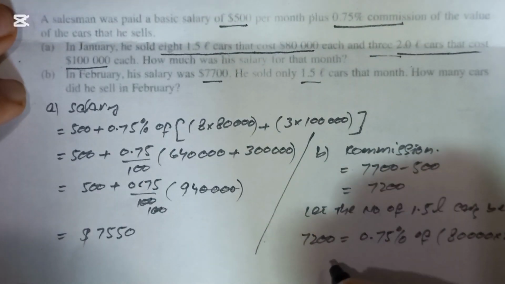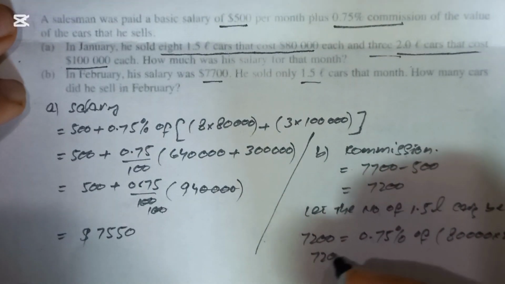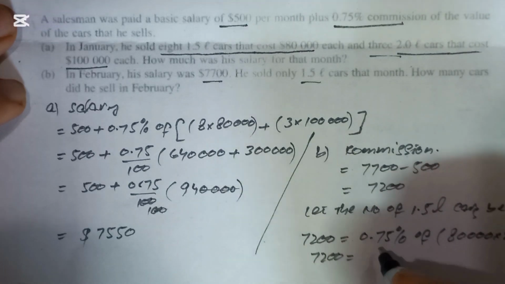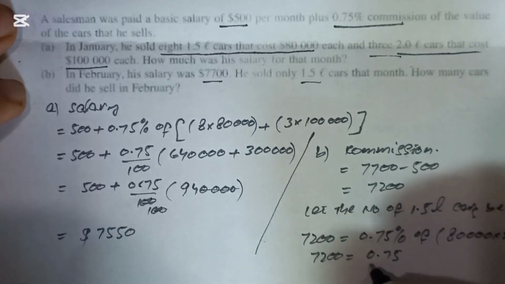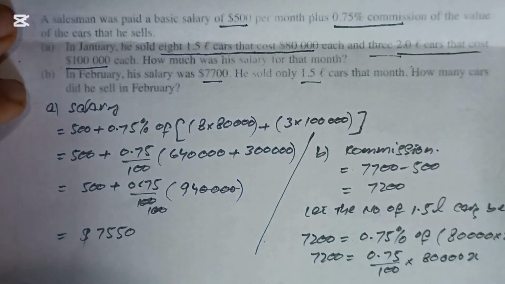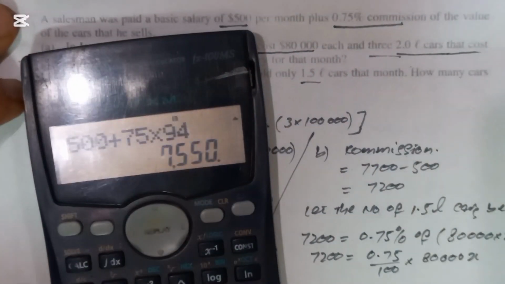And now solve it on the calculator. So 7200 will remain as it is, equal to 0.75 over 100 multiplied by 80,000 X. So now we are going to use the calculator.